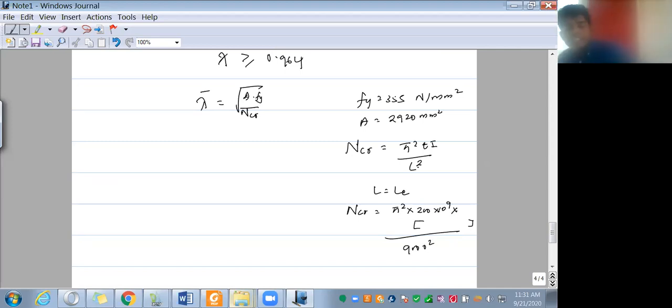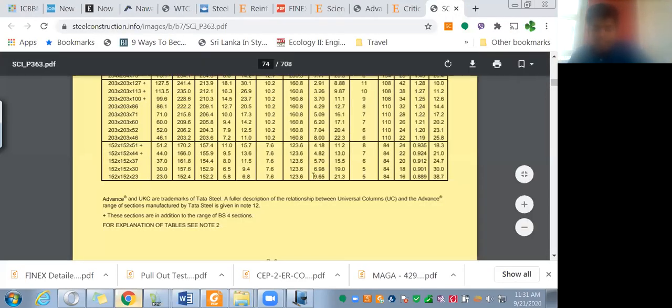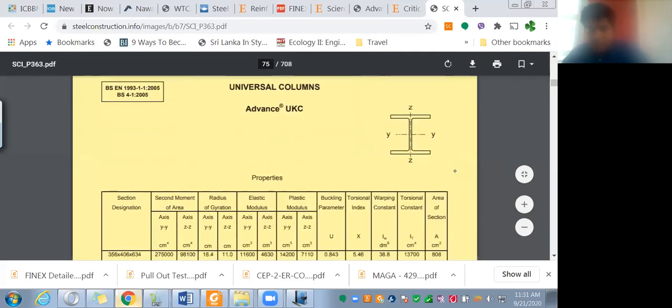So 9,000 is given in the problem. Now your I value can be obtained from the table. For this section, you can obtain the I value from the next page.